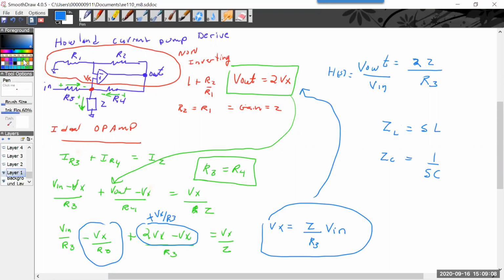And this circuit in general is used with a capacitor. So we're going to get 2 R3 C s, which is an integrator.